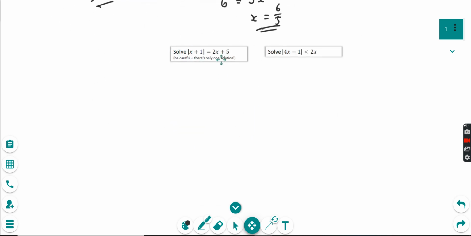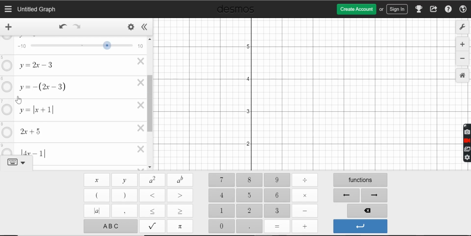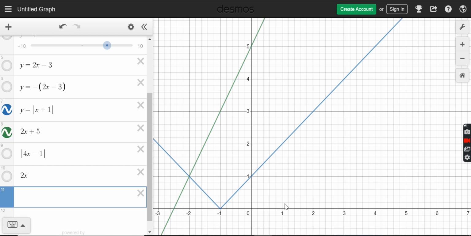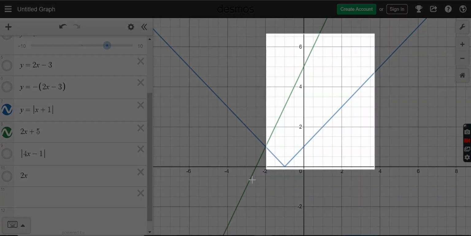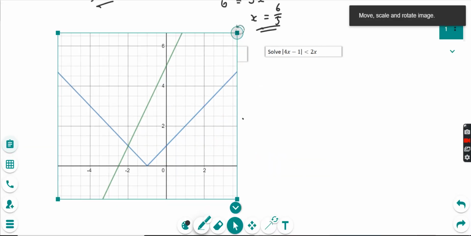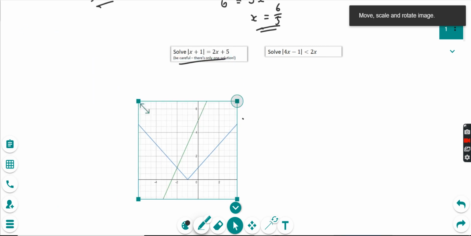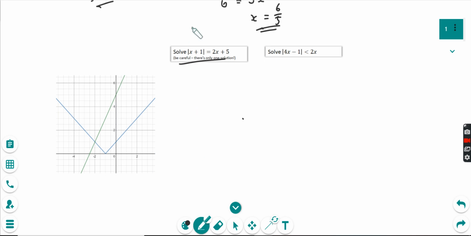Okay? Let's do a couple more very quickly. So solve this one here. And it says there's only one solution. So this is something that you should check by doing a sketch each time. So if we look at our sketch, we have x plus 1 and 2x plus 5. And we can clearly see here where things intersect. So what I'm going to do is I'm going to think, is it the case that it's stayed the same?